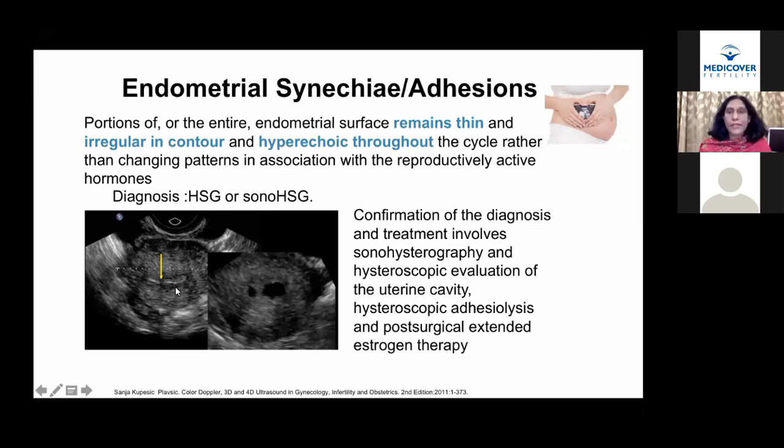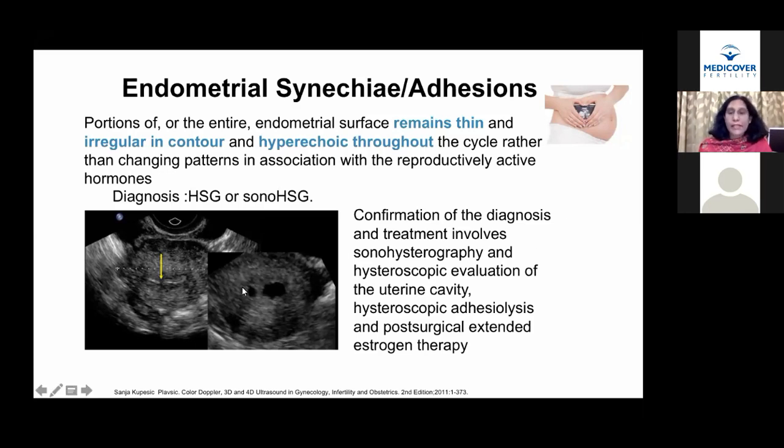In the cavity there is synechia or adhesions because of some past infection, which could be tuberculosis or some other infection, or major surgeries, or medical termination of pregnancy where an active curettage was done, which has led to adhesions. That means there is no good room inside the womb, inside the endometrium.